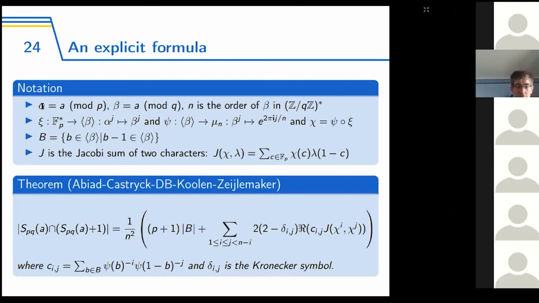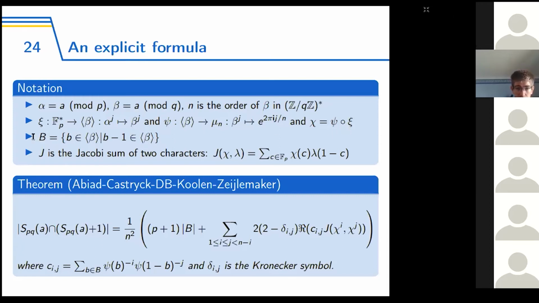Remember that we required that this alpha generates this finite field, which is actually just the integers mod p. We take a second map now from this group generated by beta to the complex roots of unity, the nth complex roots of unity. And chi is then just the composition of these two maps.